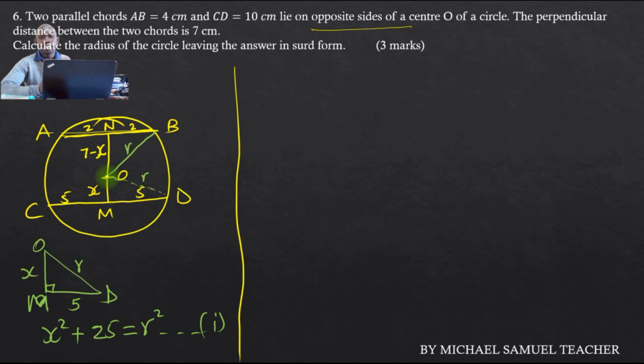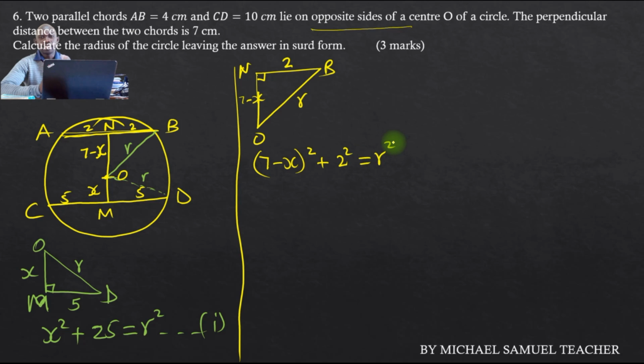Then in the other triangle ONB, at N it is perpendicular, so this is 2, here it is 7 minus x, and here we have the radius. So using Pythagoras theorem, 7 minus x squared plus 2 squared is equal to r squared. We can call this the second equation.